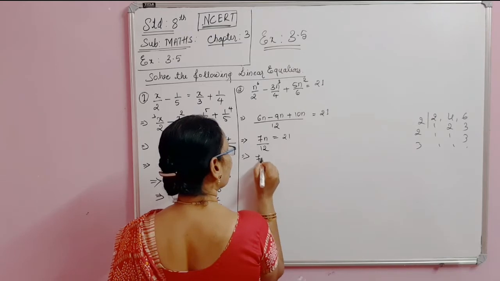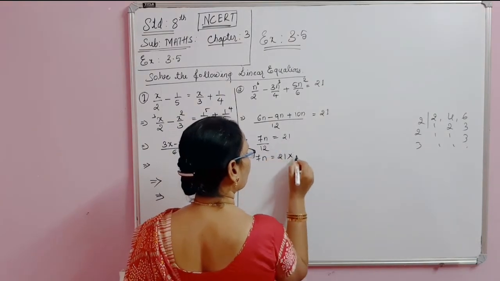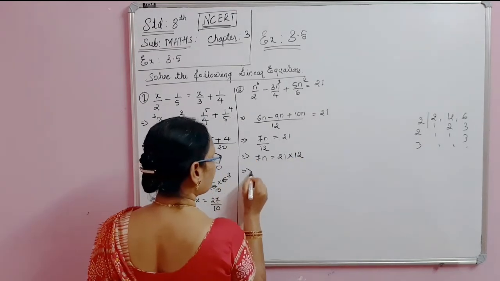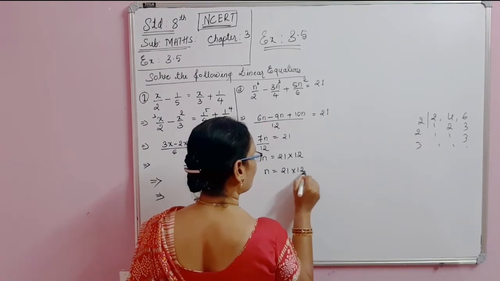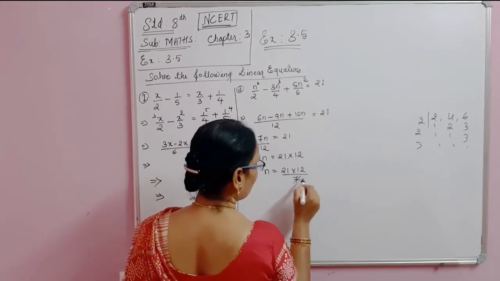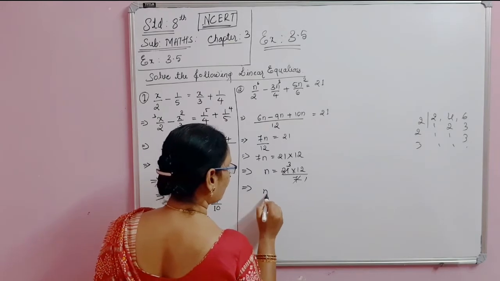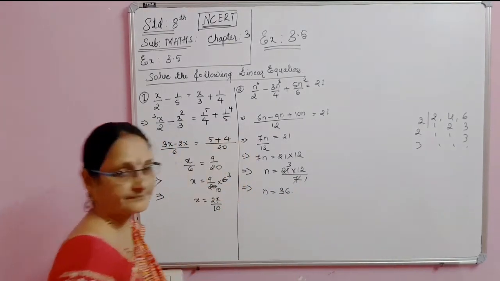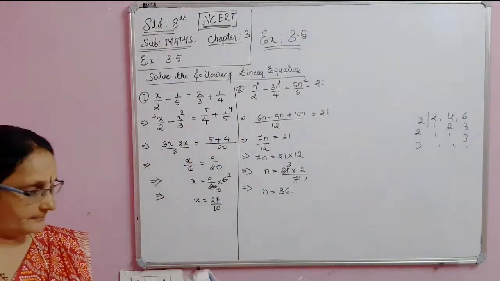So 7n is equal to 21 into 12. So this implies that n is equal to 21 into 12 divided by 7. 7 will go down. So 7 ones are 7, 7 threes are 21. So this implies that n is equal to 12 threes are 36. This is the method of solving the problem.